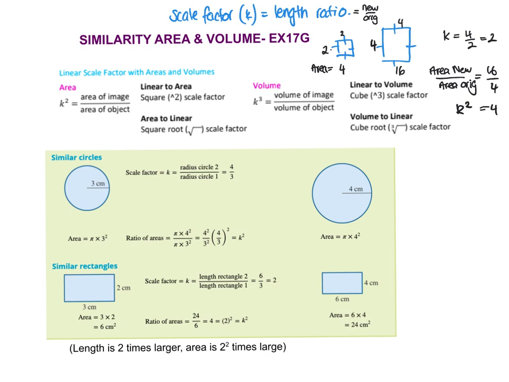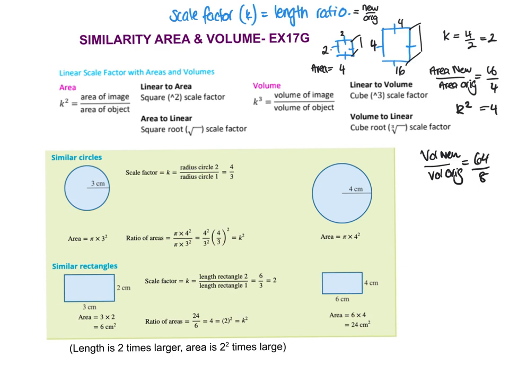And if you did volume, say I changed these to a little block like that, you would do the volume of the new over the volume of the original. The volume is 2 cubed for the first one, so that would be 8, and 4 cubed is 64.